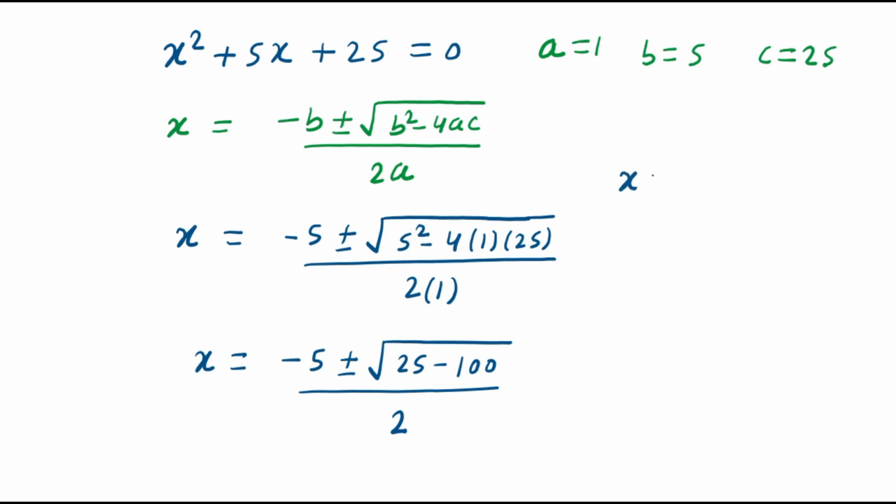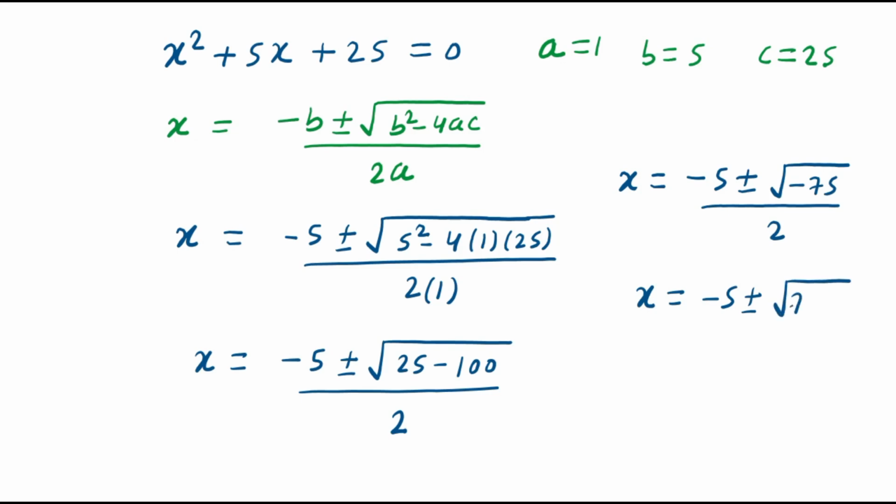Then x is equal to minus 5 plus minus square root of 25 minus 100 is minus 75, divided by 2. Then x is equal to minus 5 plus minus square root of minus 75 is square root of 75 times minus 1, divided by 2.